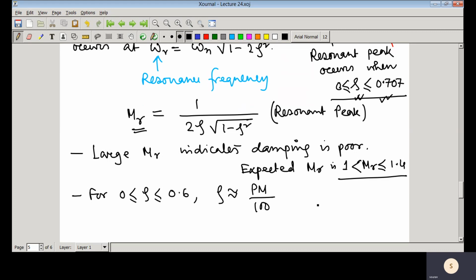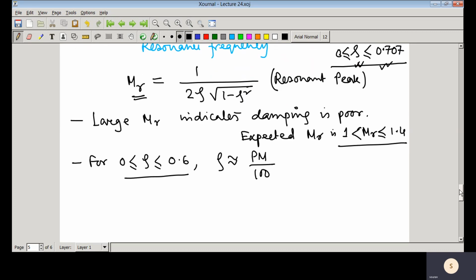Suppose it is said that you need to design a controller so that your phase margin would be 45 degrees. Then immediately you can understand, for a second order system, that the zeta value would be around 0.45, because 45 divided by 100.